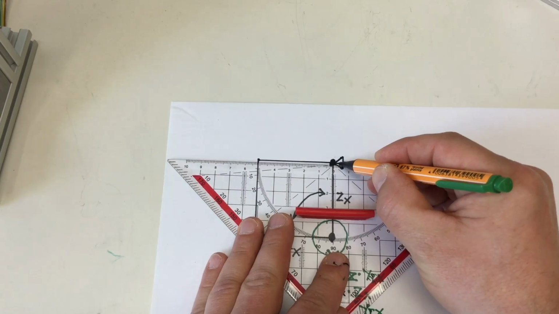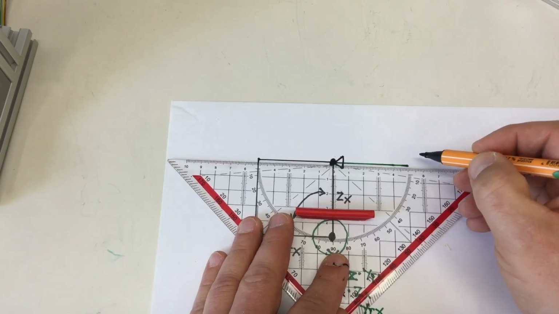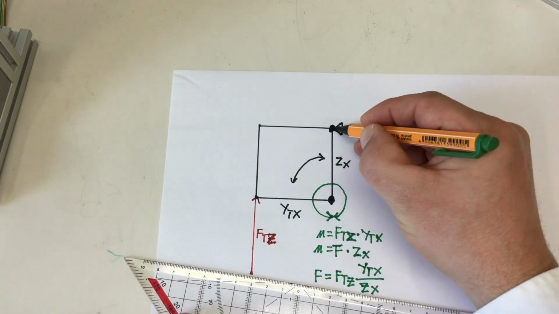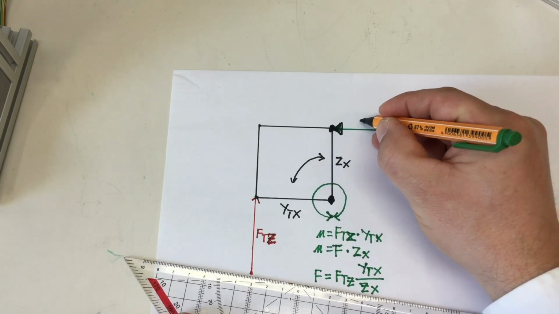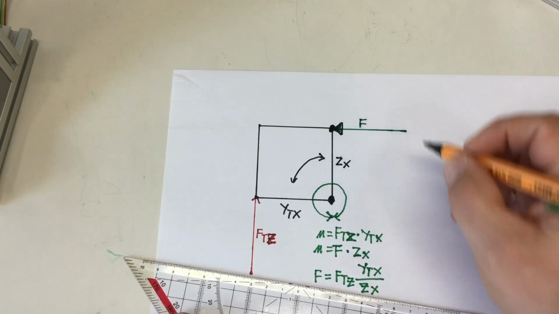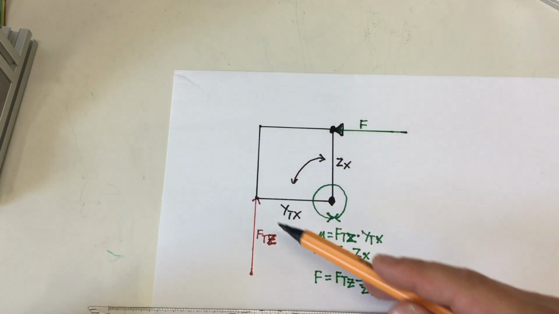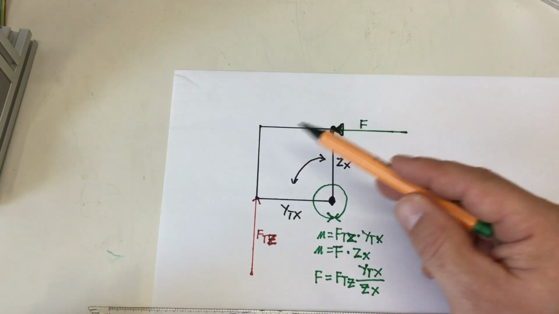Our bearing has to exert a force of the same magnitude, so a line of the same length, in this direction. Now we have a static equilibrium, nothing rotates, everything is fine.